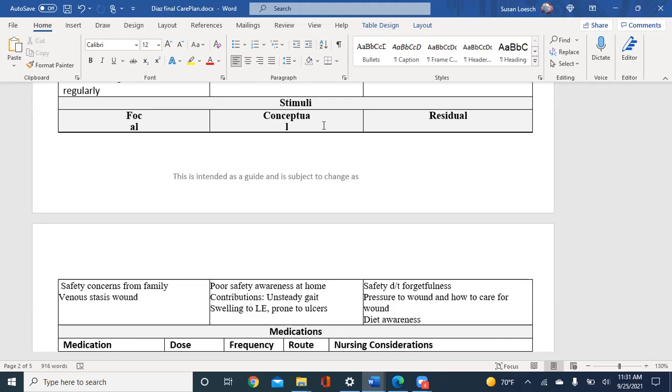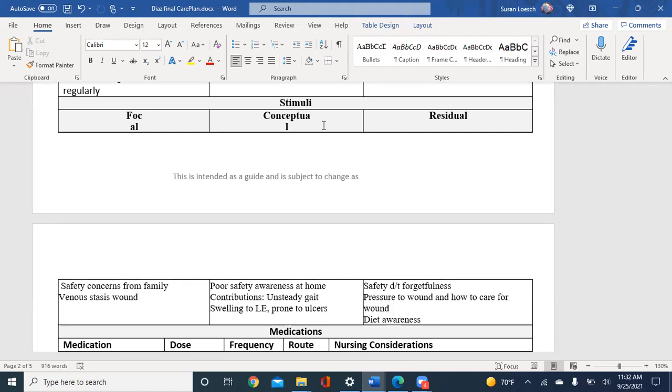What's really going to cause her to adapt right now is that left hip fracture, because that's going to change everything for her. It's going to cause her to lose her independence. It's a safety concern. She has to have surgery, she's going to have to go through PT, and she may have to give up her independence. So all those things are going to be an issue for her.